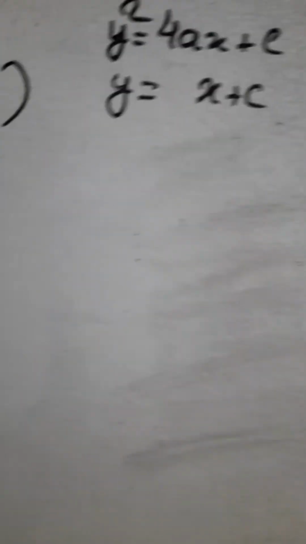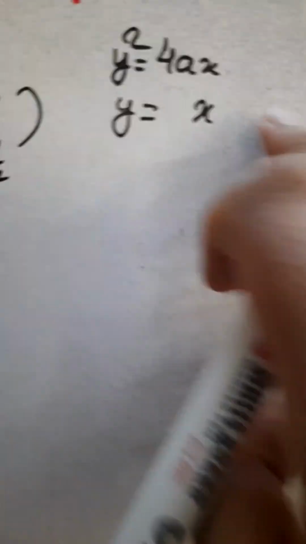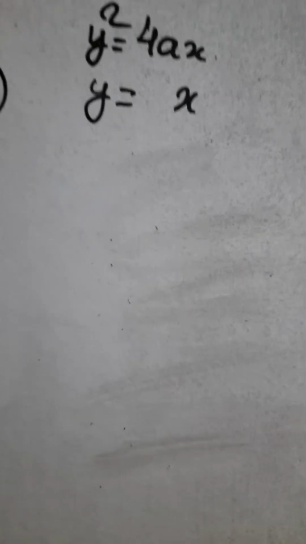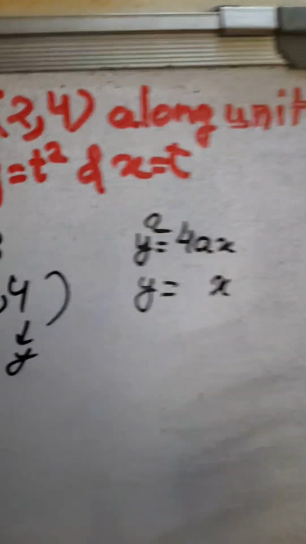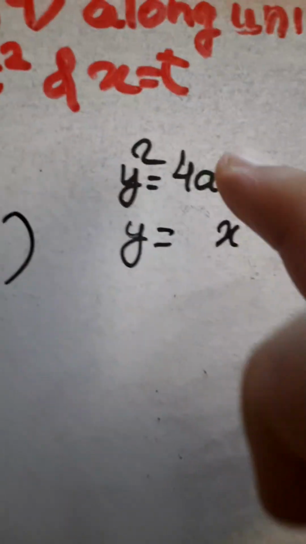Now we don't take constants in this integration because there is already a constant in integration and we are taking limits. So in limits we don't need constants because we know everything, the numbers we are going to substitute. And we took a unit parabola, so the coefficient 4a would be 1.